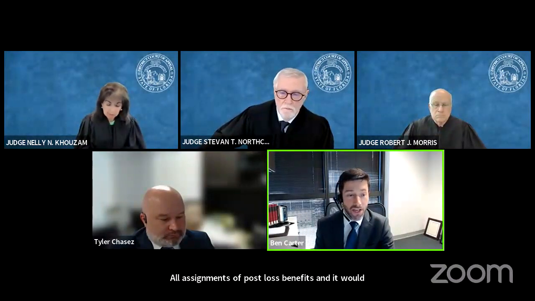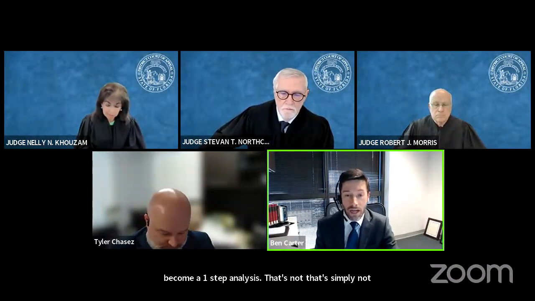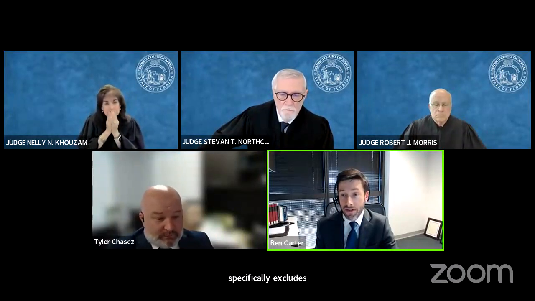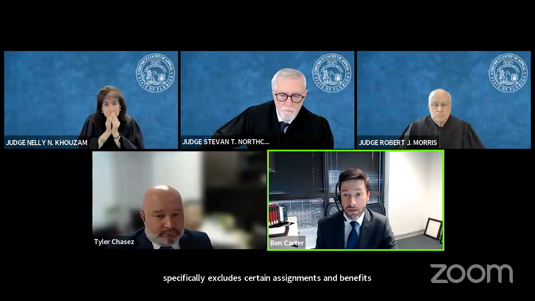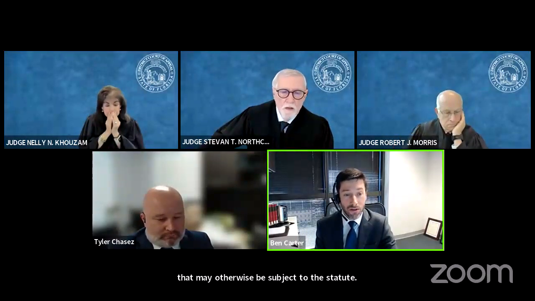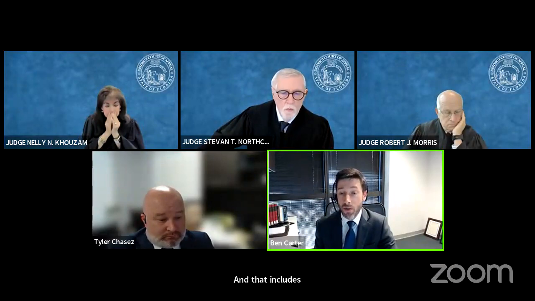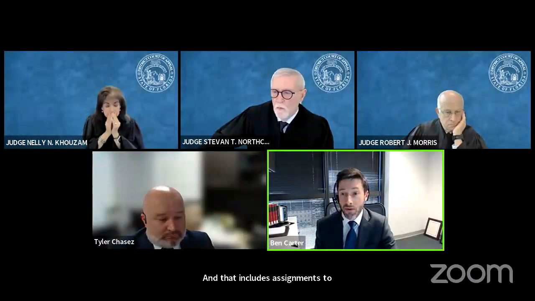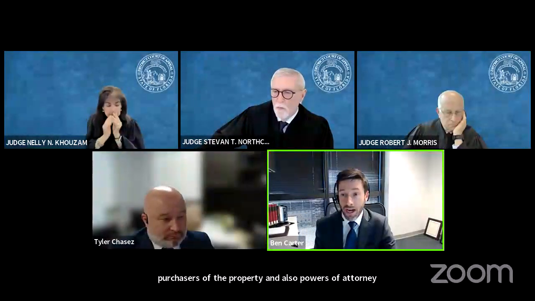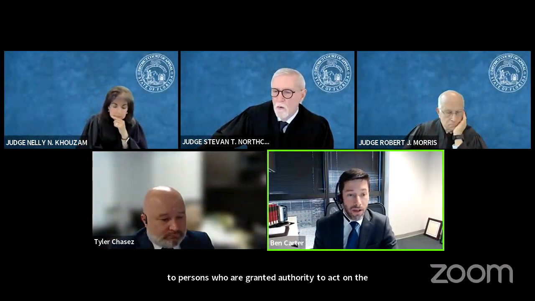First, we have subsection 11 of the statute that specifically excludes certain assignments of benefits that may otherwise be subject to the statute. And that includes assignments to subsequent purchasers of the property, and also powers of attorney to persons who are granted authority to act on the insured's behalf with regard to a claim.